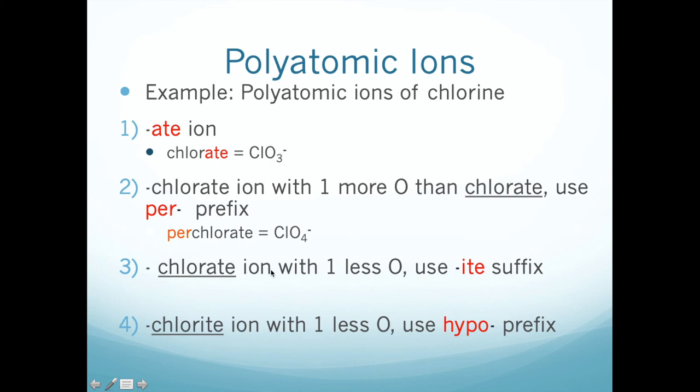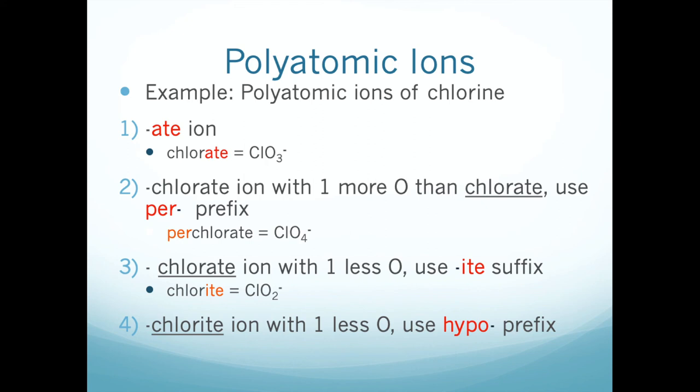Now, we've already seen the ite suffix, the ite ending. We just drop an oxygen. So instead of ClO3 with a -1 charge that we see in chlorate, chlorite is ClO2 with a -1 charge. Okay, so that 3 drops down to 2, as we saw earlier with examples of sulfide, phosphide, nitrite, etc. You just drop an oxygen compared to their ate versions.